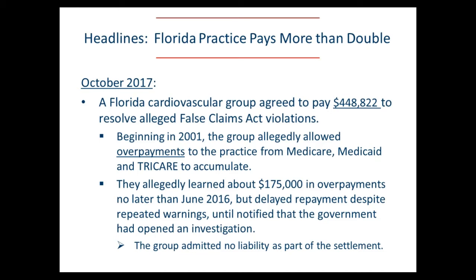They learned about at least $175,000 in overpayments no later than June 16, but they delayed and they delayed until the government got involved. And so the $175,000 in alleged overpayments turned into a nearly $450,000 settlement.